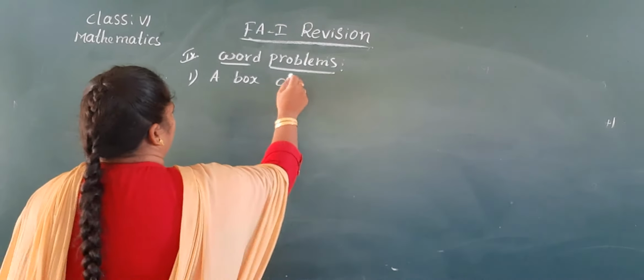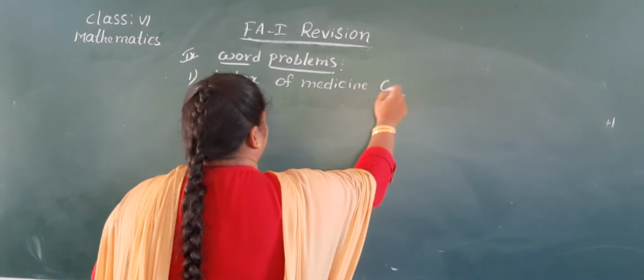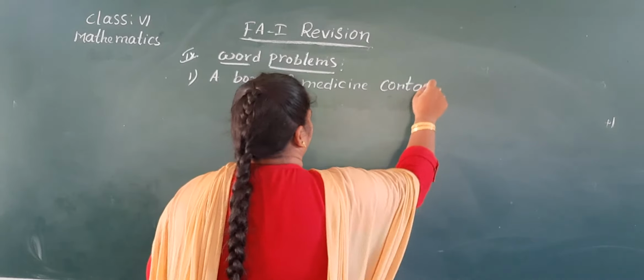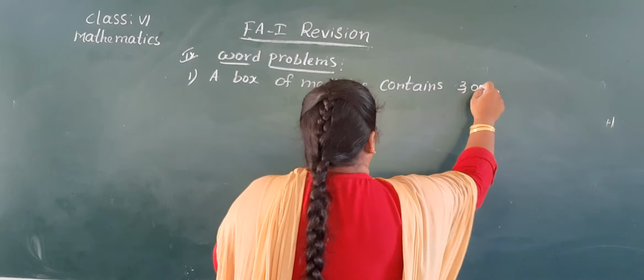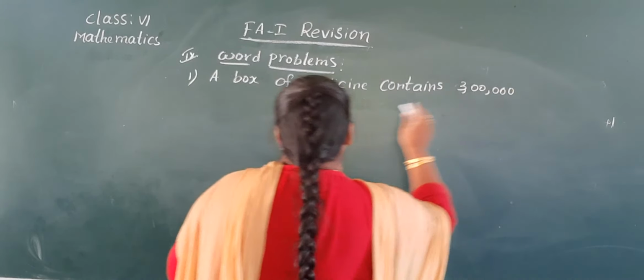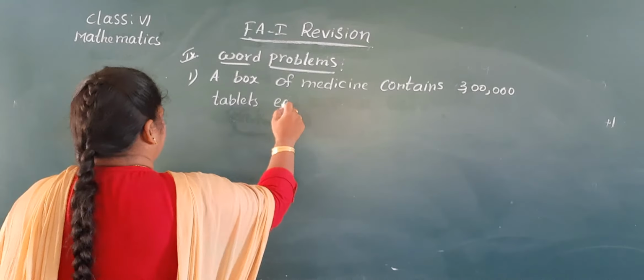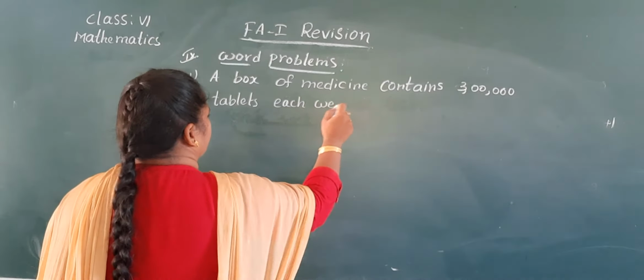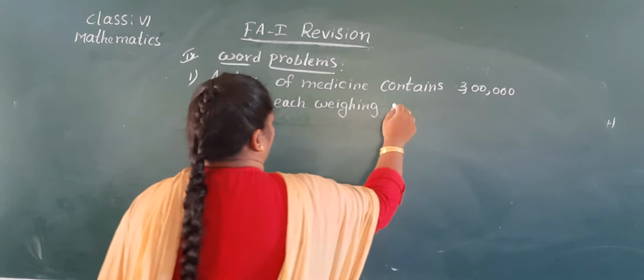A box of medicine contains 3 lakh tablets, each weighing 12 mg.